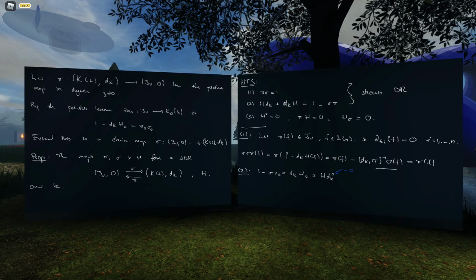Away from degree 0, so let p be greater than 0, then we need to show, well, let's compute this. So we'll compute the commutator.